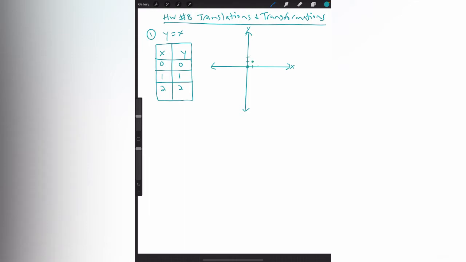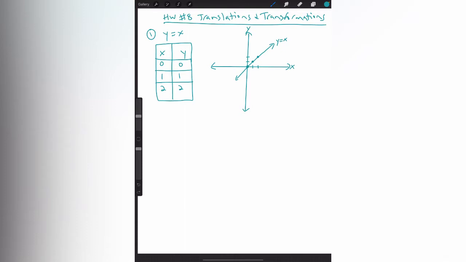I have 2, 2. If I were to connect these and draw a line, I can say this line is y equals x. So this is what the graph of y equals x looks like. Moving from left to right, it's moving in an upwards trend.